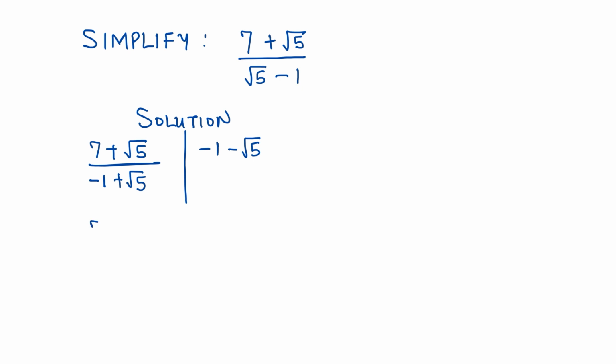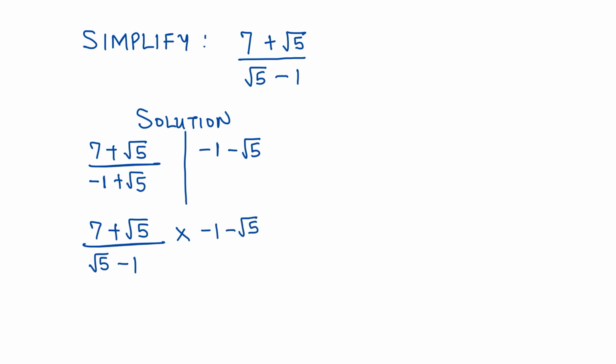What we'll have is 7 plus root 5 over the original expression, which I want to keep in its original form, root 5 minus 1. And then we'll multiply both the numerator and the denominator by the conjugate, which would be minus 1 minus root 5 over minus 1 minus root 5.